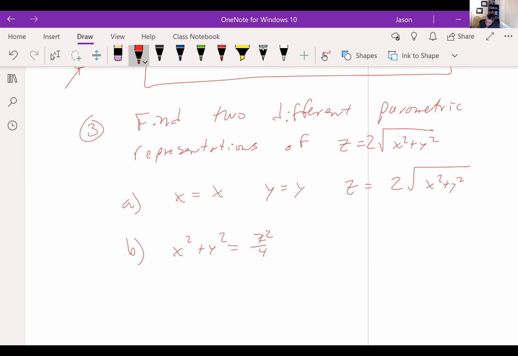Okay, so x is equal to... if we look at the sphere here, we've got our point on the sphere with radius A. So again, we've got a point on the sphere here.